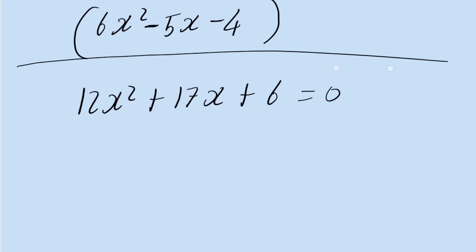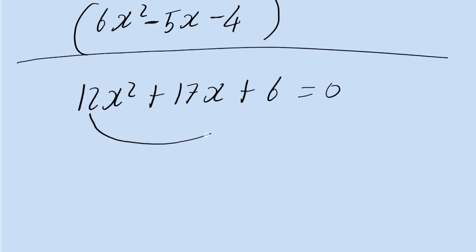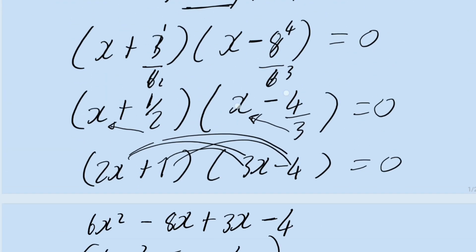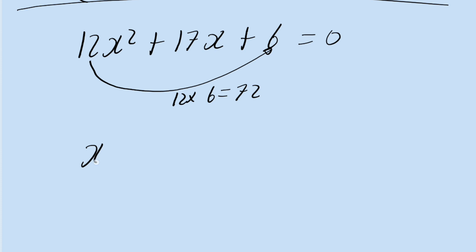Now we're going to be doing the same method. First of all, we take the 12 again, multiplied by the 6, which is 12 times 6, giving us 72, so our equation becomes x squared plus 17x plus 72 equal to 0.